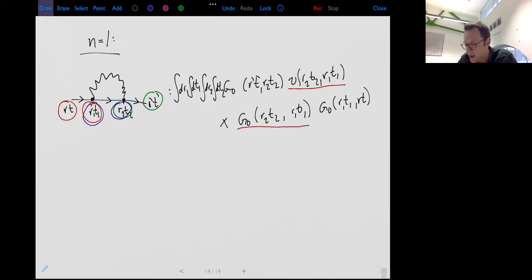So we have this product of V and G0. And if we look at that product, well, in G0, we know we have this sum over the Kohn-Sham states like this.